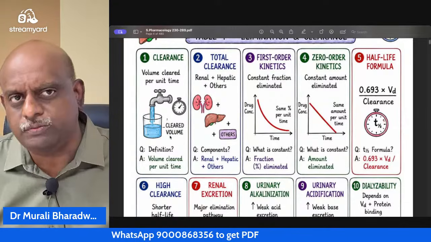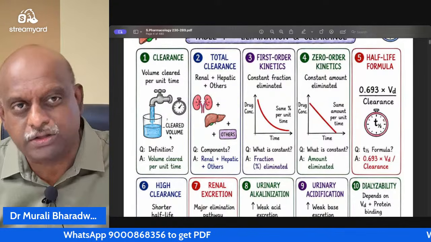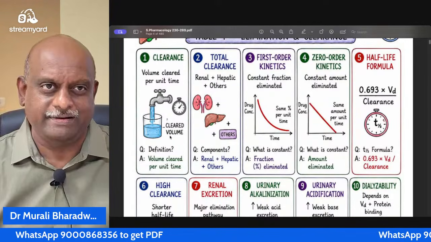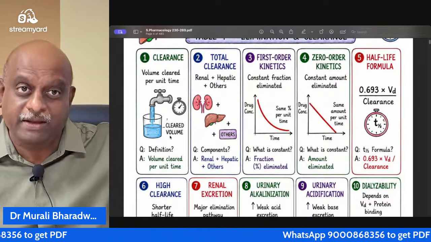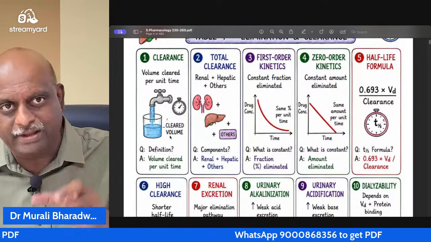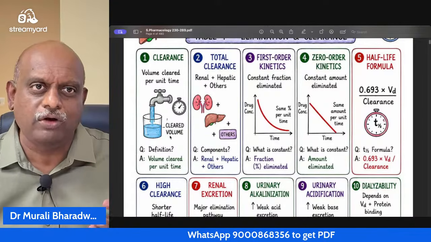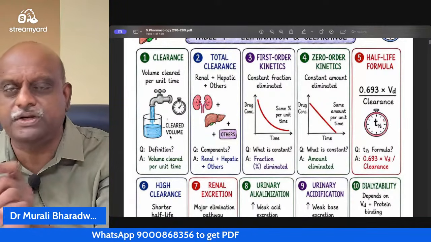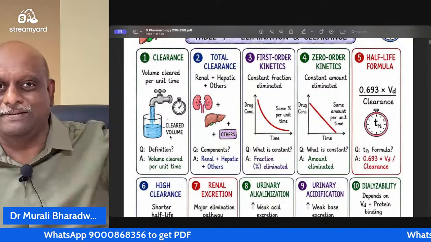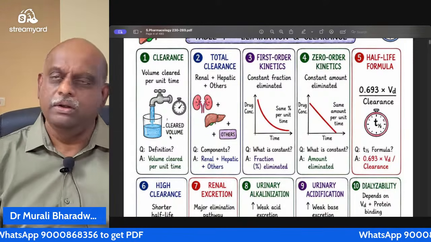Whereas zero order is slower, where a constant amount is eliminated: 100 becomes 95, 95 becomes 90. Which is the slower form of elimination? Zero order, because it is only a fixed amount. Here, a fixed proportion. That's what we need to remember.